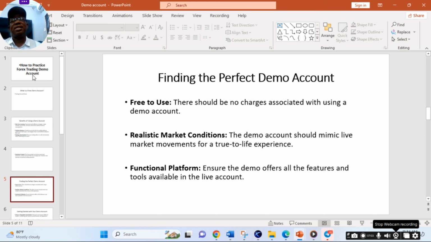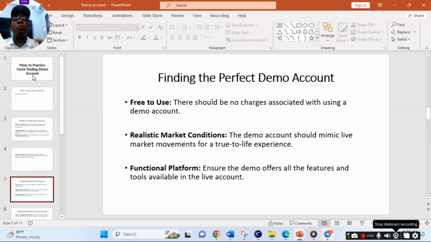Why do I recommend Forex? Yes, this is one of the best brokers I have used in life, where no manipulation is done to make money off you. No, you have the real market analysis, real market situation from that platform.